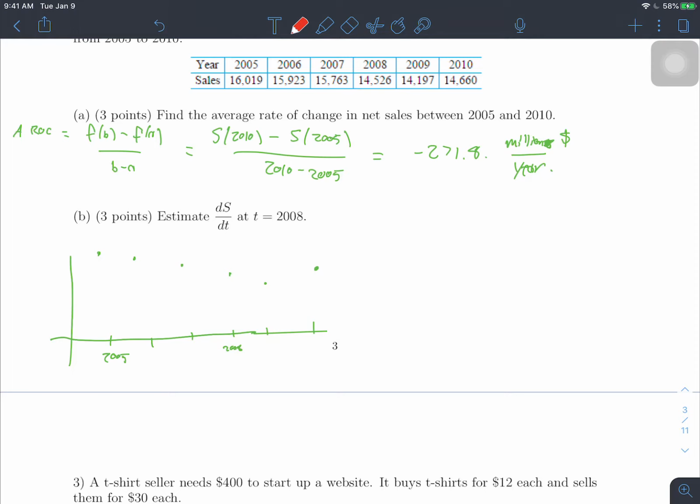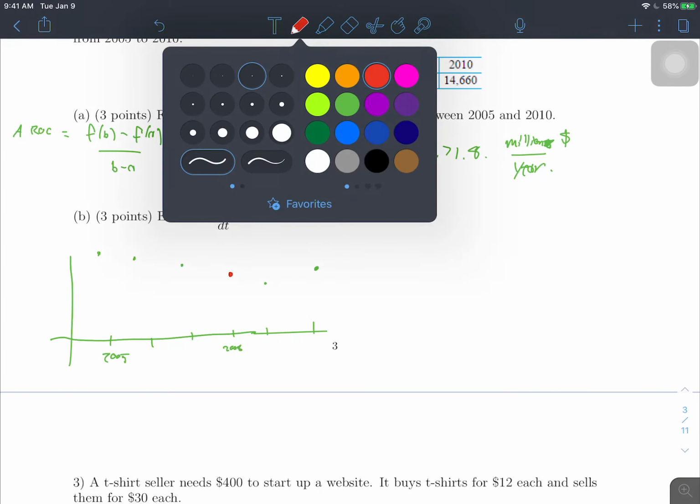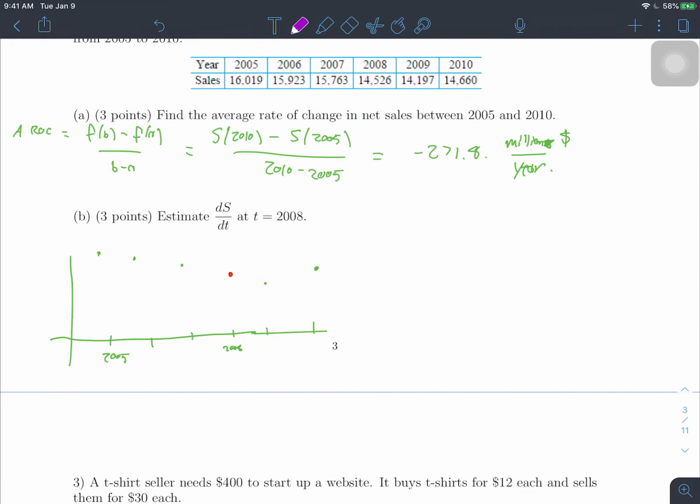So what's going to happen is we're going to take a look at this point right here, and we want to know how the function is changing at this point. The sad fact of things, though, is we don't really know what this function might look like. It could be something crazy like this.